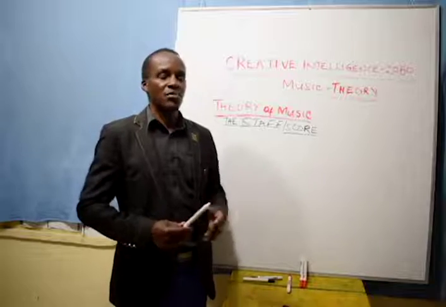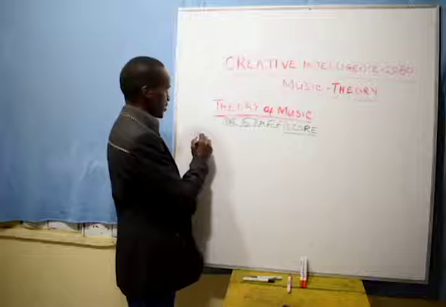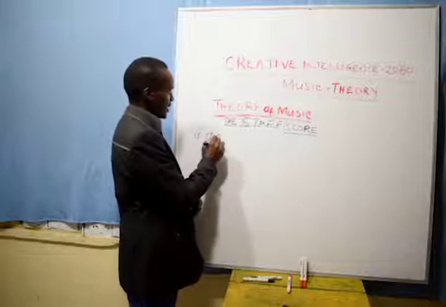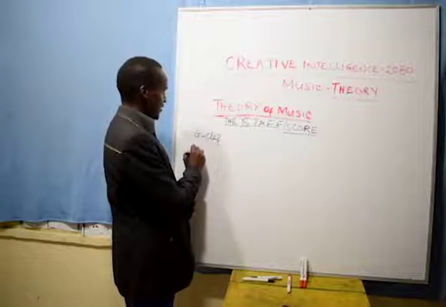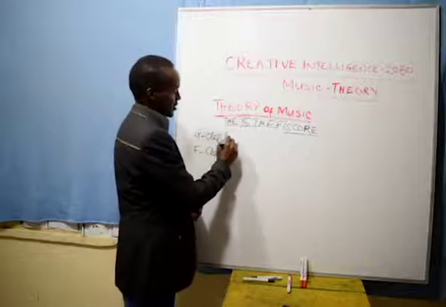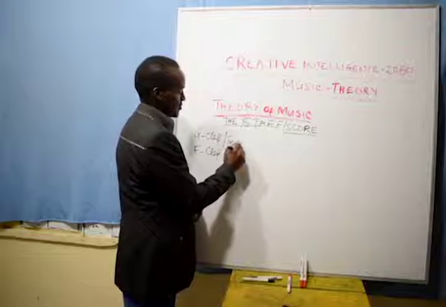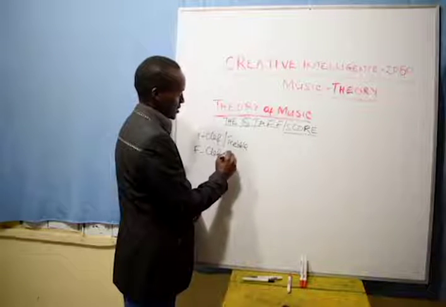So we talked about different types of clefs. We talked about the G clef or the treble clef, and then we talked about the F clef or the bass clef. This is treble, and this is bass clef.